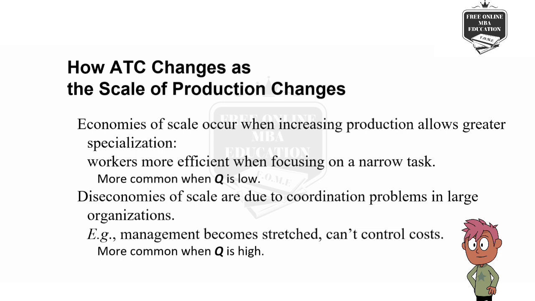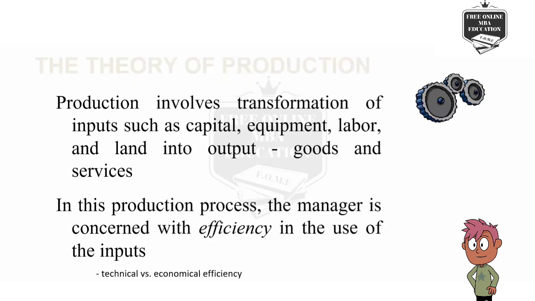Now, when the scale of production changes, right, we should also be mindful of how organizations make their decisions. This brings us to the theory of production. Theory of production talks about how production involves transformation of your inputs like the capital, the equipment, the labor, and the land into outputs which could be in the form of goods and services.